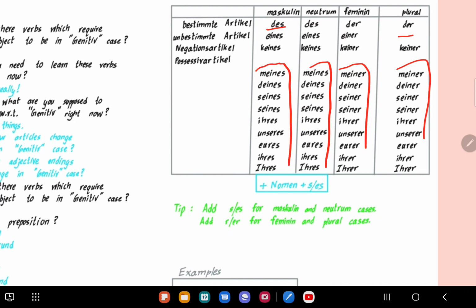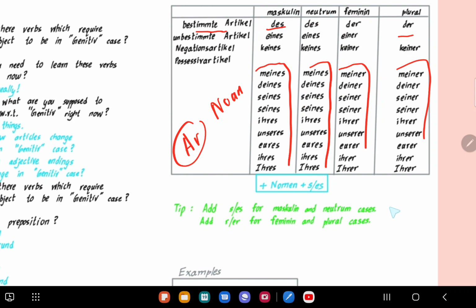Also, what you need to remember is when the object is in genitive and the object has an article and a noun, and the article is bestimmt, masculine or neutrum.